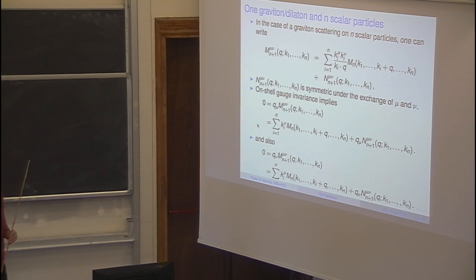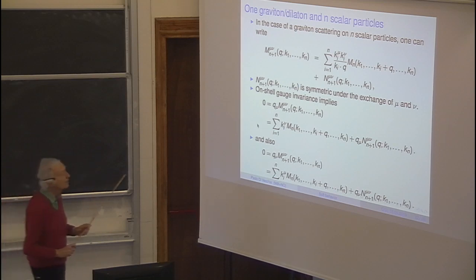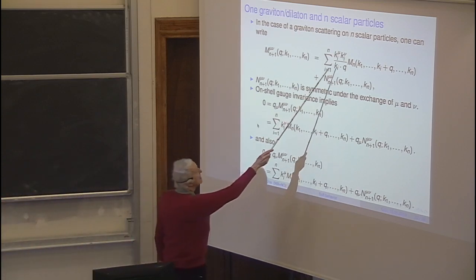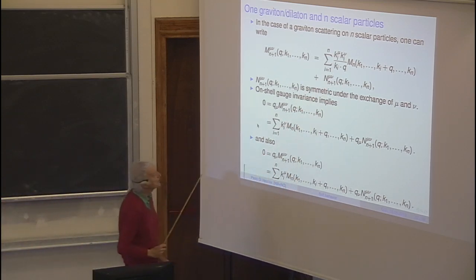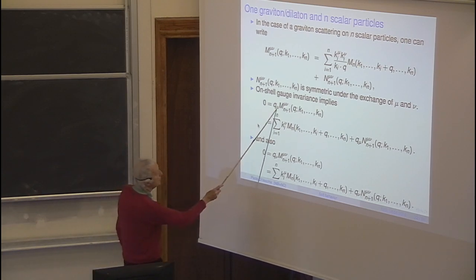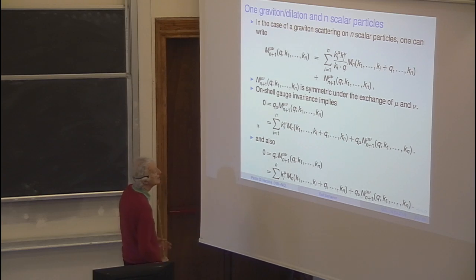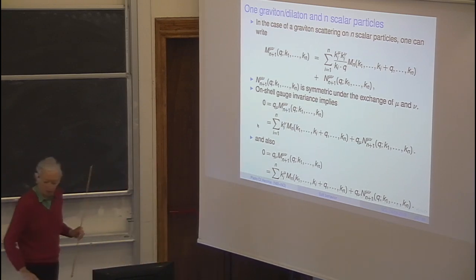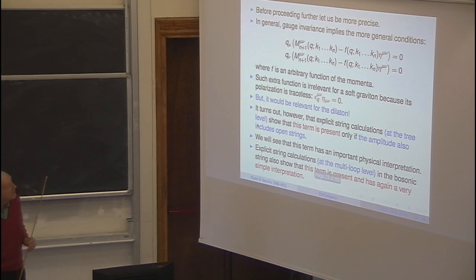Then let me go to the graviton. In this case, also you have a pole term and a term which does not have any pole. And then you impose gauge invariance, you saturate with q mu and q nu. You get this equation. Here, let me stop for a moment and specify what I'm doing.